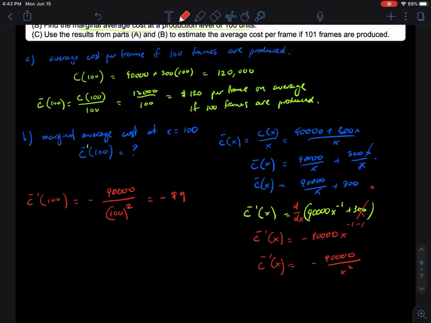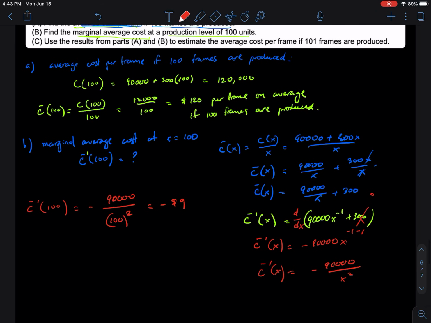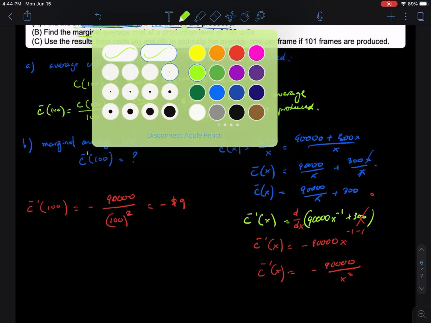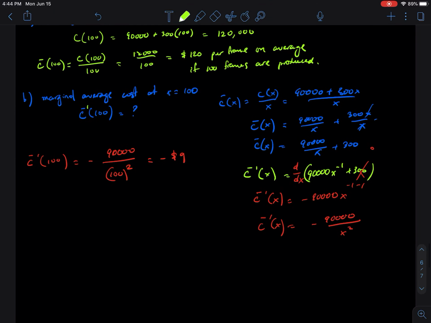To quickly interpret this answer, it means the average cost per frame or per unit is decreasing at a rate of $9 per frame when 100 frames are produced.